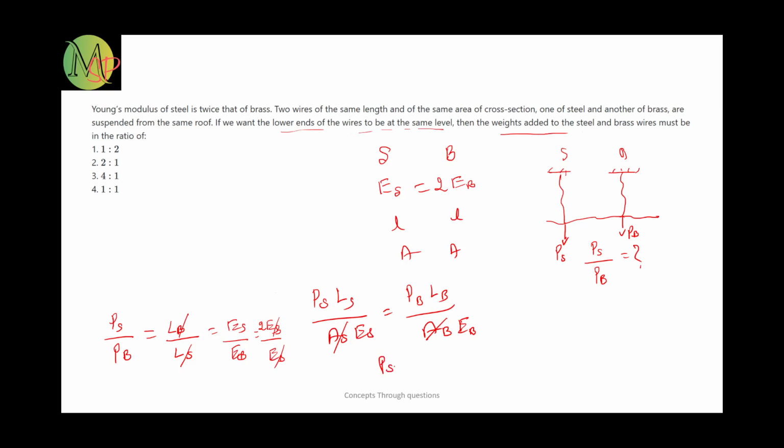PS divided by PB is equal to 2:1. So the answer for this is 2:1. So the ratio of weights added for steel to brass is 2:1. Okay, answer is very simple.